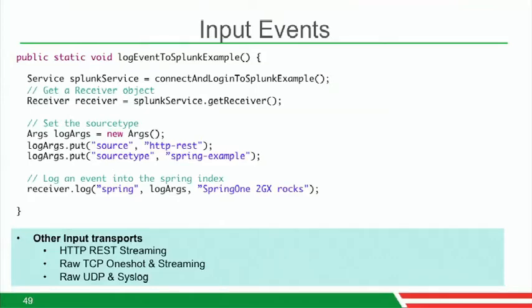And then I'm just simply going log, and this is going to stream this over HTTP REST to Splunk. But it actually uses HTTP REST to initiate the opening of the streaming connection, and then you have an output stream handle after that, which the Java SDK uses internally to stream the information into Splunk.